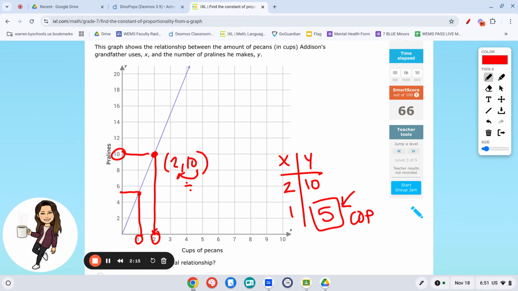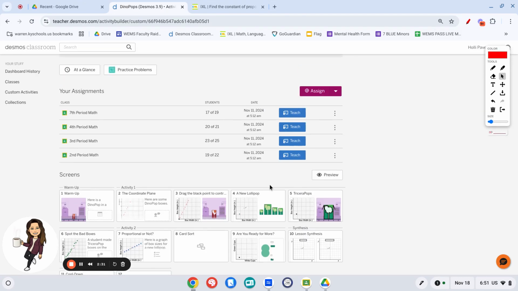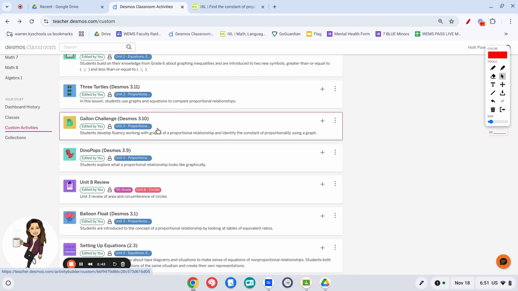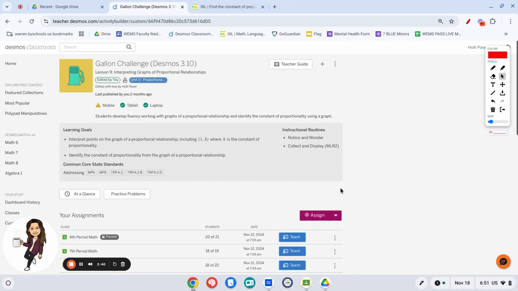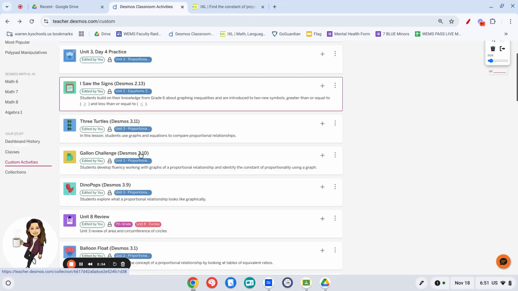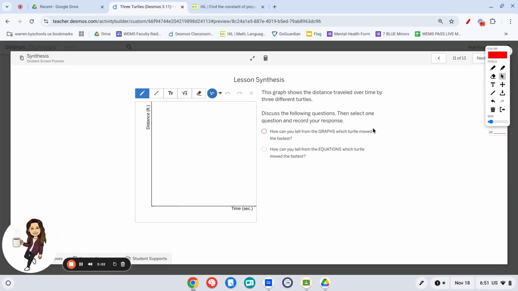The last thing we talked about was how to tell, just from the graph or an equation, which line is going faster, what's going more quickly: the steeper the line.